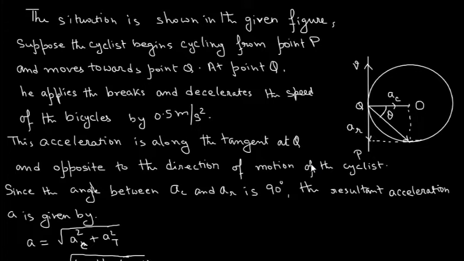So the acceleration is along the tangent at Q and opposite to the direction of the motion of the cyclist. Since the angle between AC and AT is equal to 90 degree, the resultant acceleration A is given by A is equal to under root AC square plus AT square.